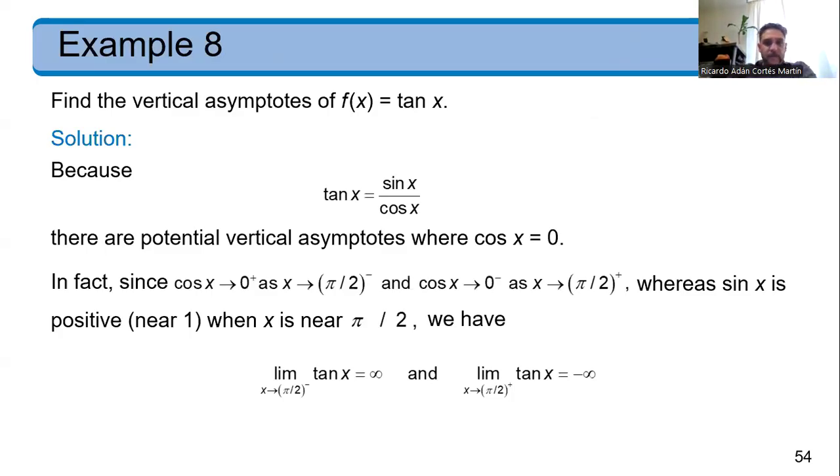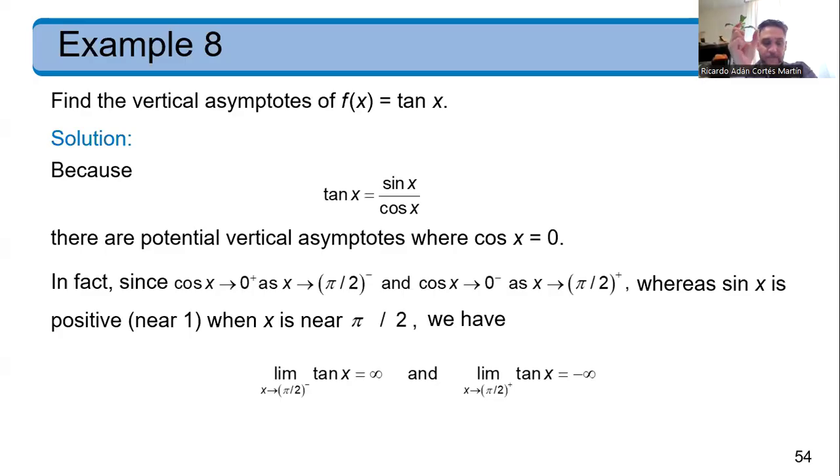Now, for example, for the vertical asymptotes of the tangent function, remember that the tangent is sine over cosine, okay? And we are probably going to have vertical asymptotes when the value of the cosine goes to 0, okay?